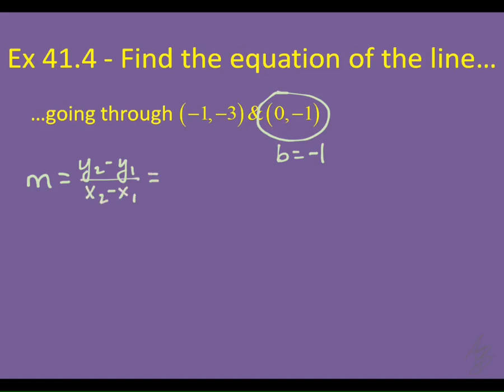Alright, so in this case, what is y2? What's y1? Okay, and x2? x1? Negative 1 minus negative 3? Positive 2. 0 minus negative 1? 1. So the slope is 2 over 1.